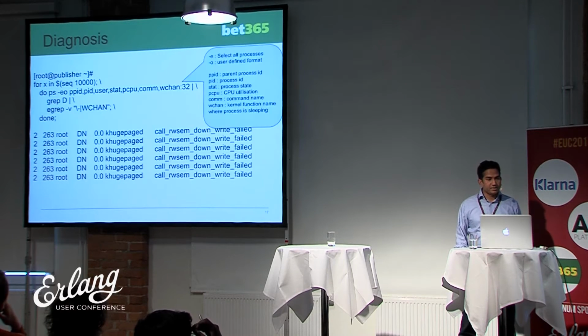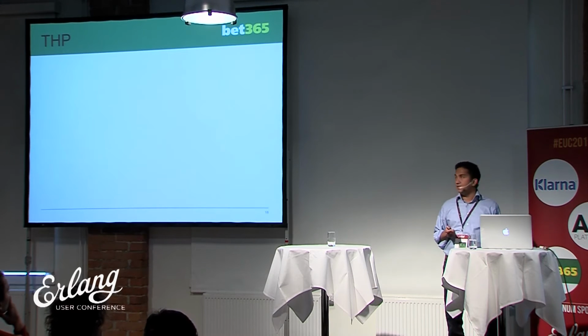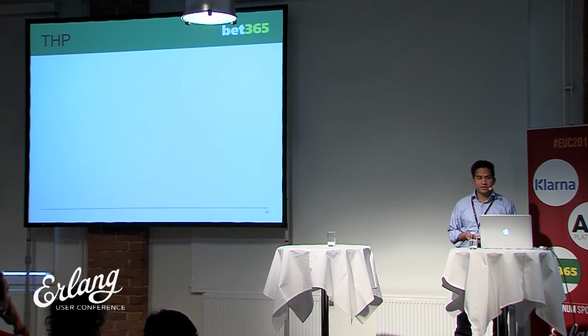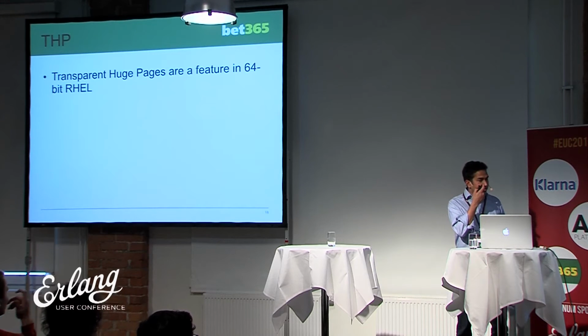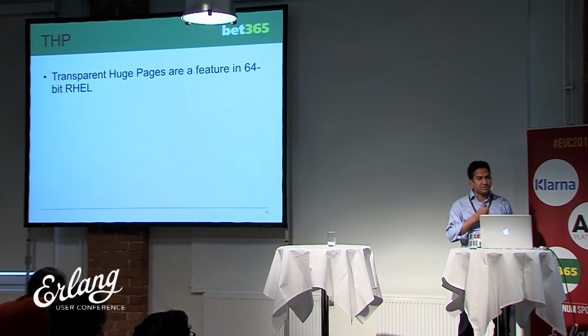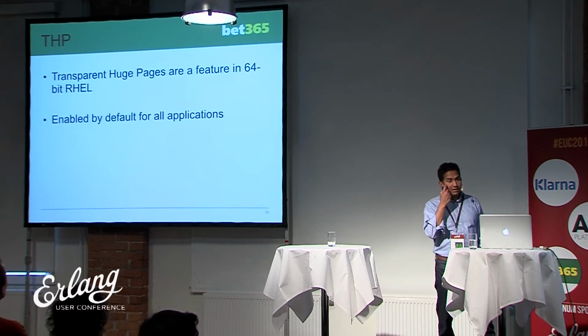And it turns out that kHugePageD implements something called transparent huge pages on Linux. If you look up the Red Hat documentation, it says it's a feature in 64-bit Red Hat Linux. It's enabled by default for all applications.